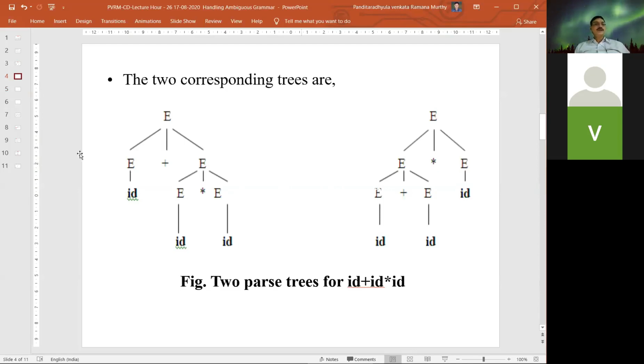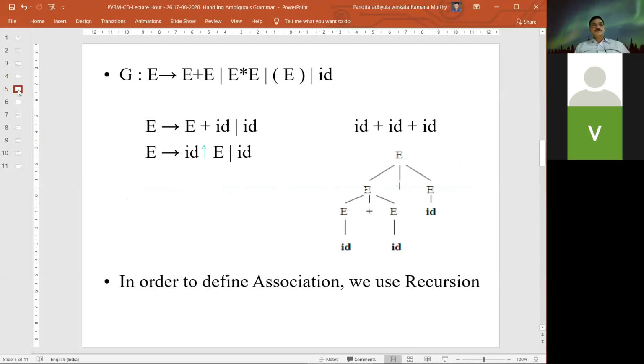So it is getting two parse trees, and we need to avoid that. If you have two symbols of the same type, our preference now is that we need to apply associativity.